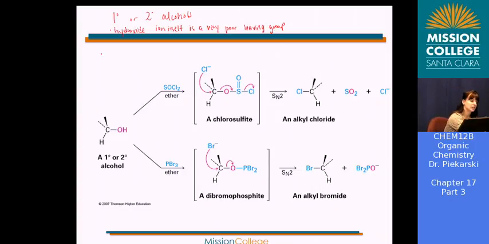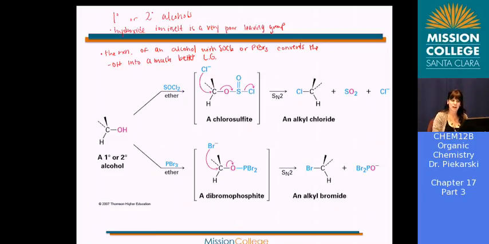The reaction of an alcohol with thionyl chloride or phosphorus bromide converts the alcohol into a much better leaving group. That's the goal here. So we use these reagents to convert the hydroxide into a much better leaving group.